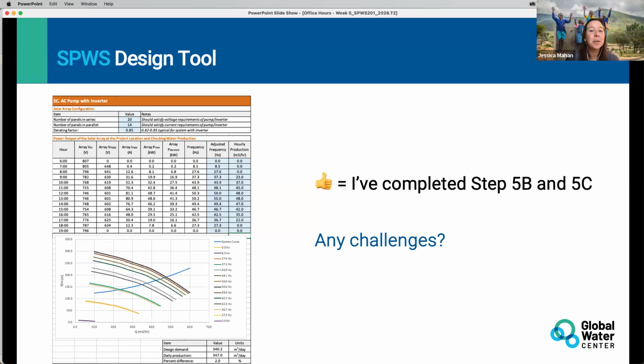Yeah, that's a good question. So when we're working with an AC pump, it's going to have a single AC voltage that it can accept. What our inverter is doing is taking our range of DC power from the array and converting it into an AC power source that is then sent to our pump. The AC power it provides will always be at one AC voltage, and that will depend on what your inverter is rated for.